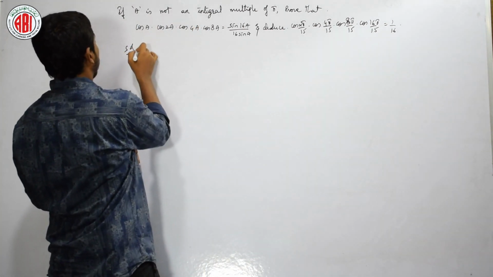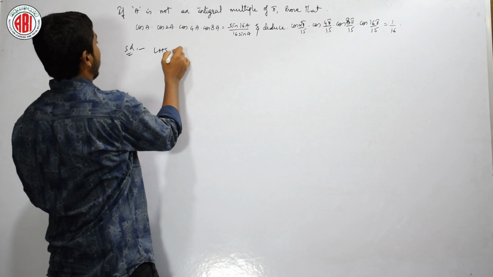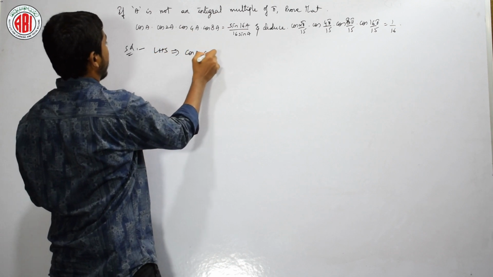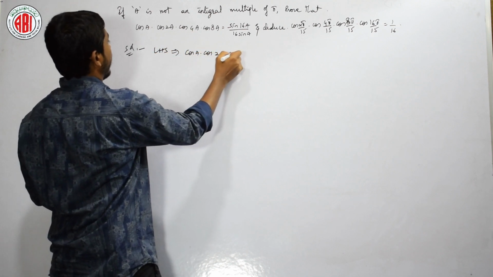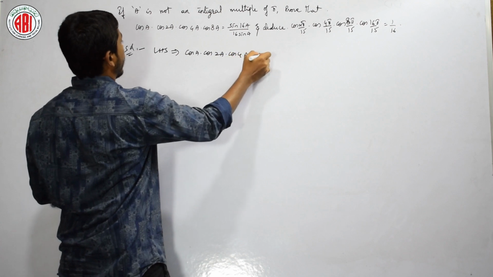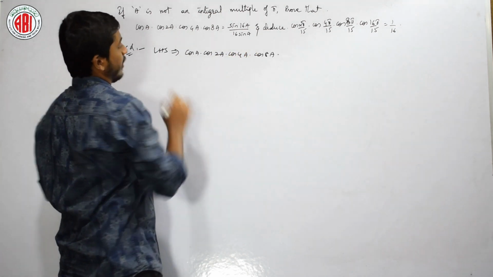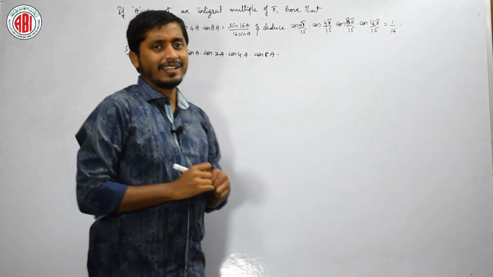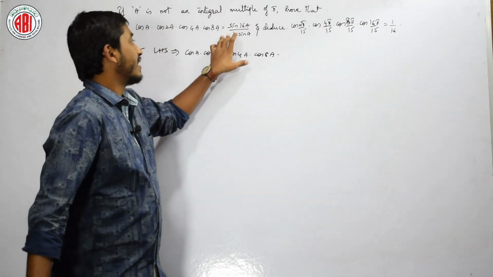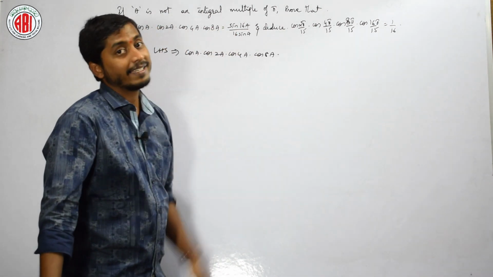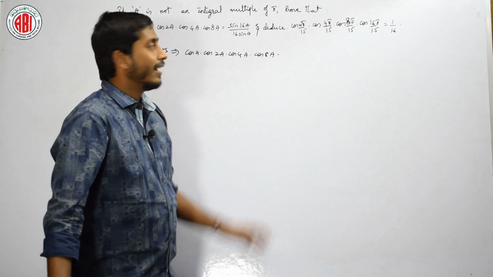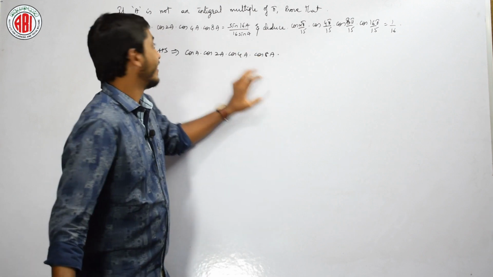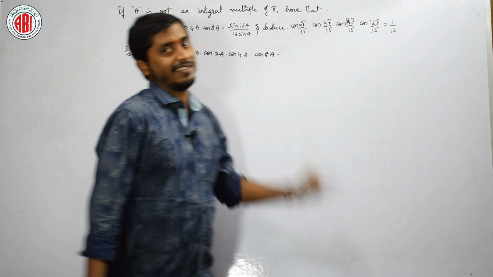Let us solve. The LHS given here is cos A, cos 2A, cos 4A, cos 8A, right? What is the thing given here? He is asking us to prove it in terms of sin 16A, right? The right side is in terms of sin, the left side is in terms of cos, right?